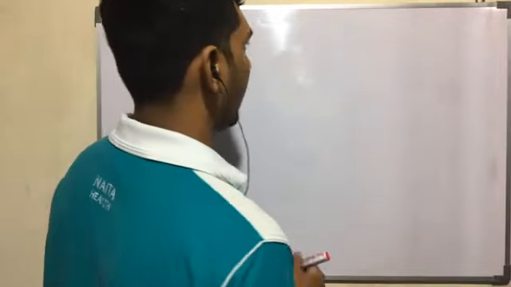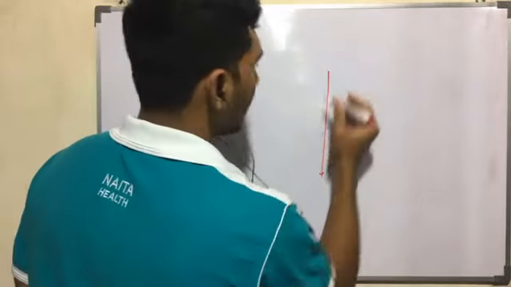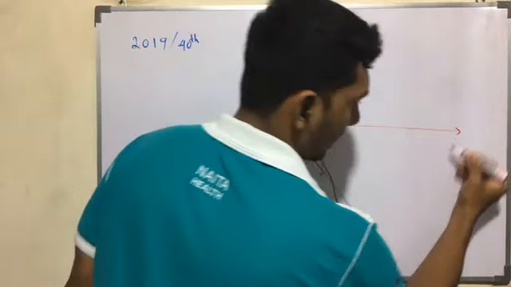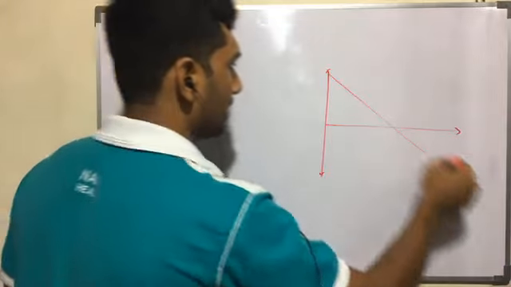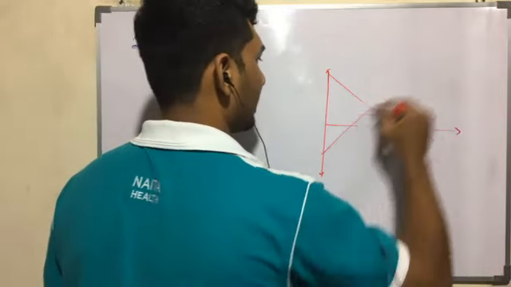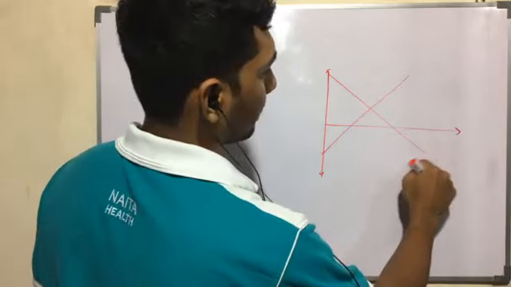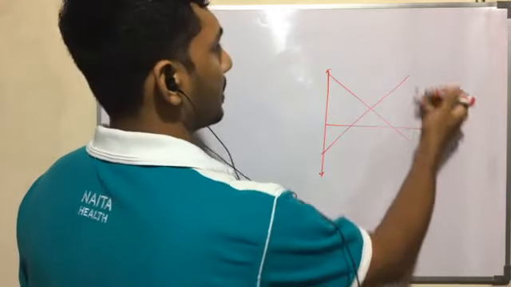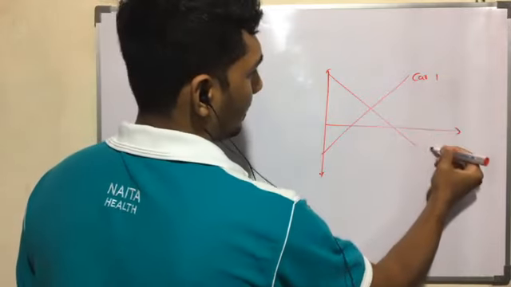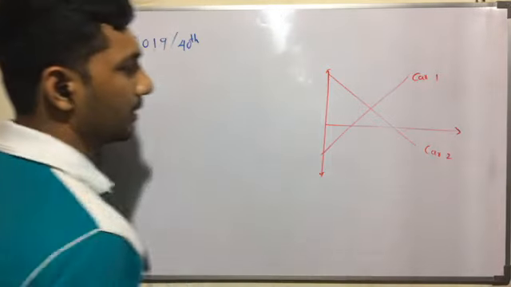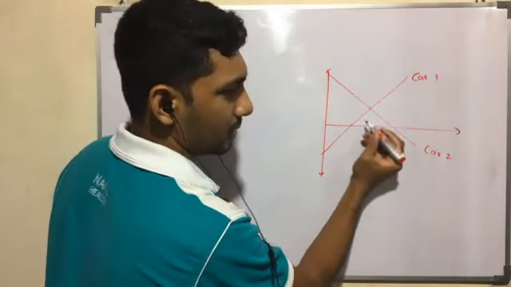So, okay, I'm going to draw it. One is like this, the other one is like this. So this is car 1, this is car 2. So there are some letters.